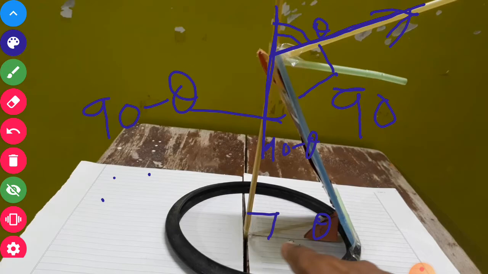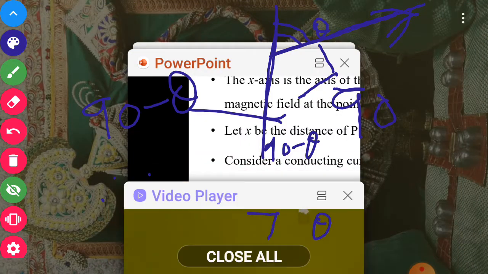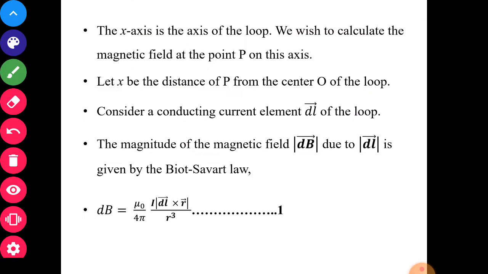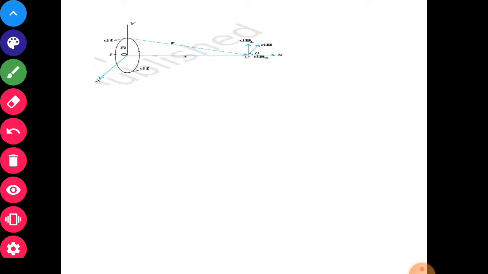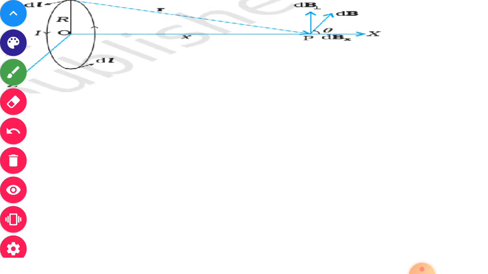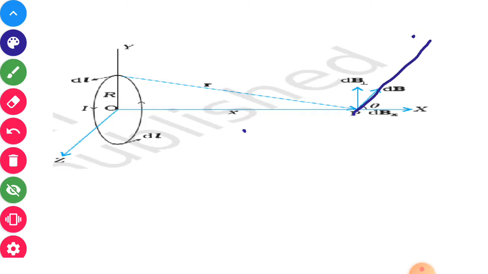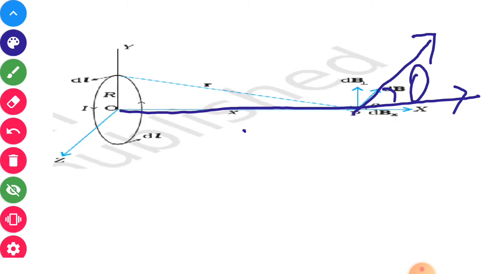In the original figure I showed that the angle made by this dB vector with this axis is theta.